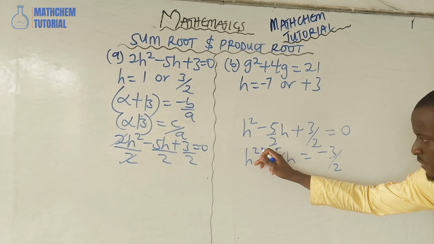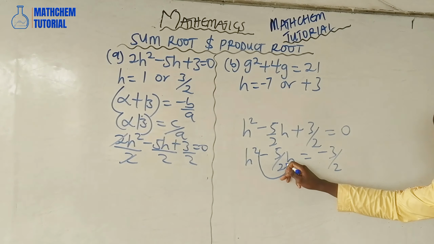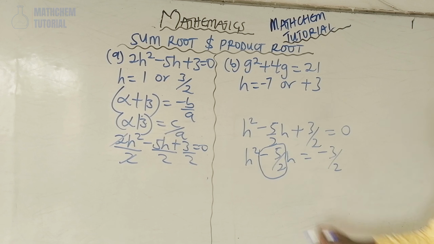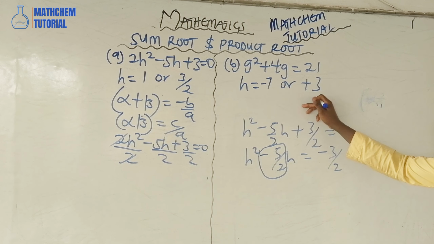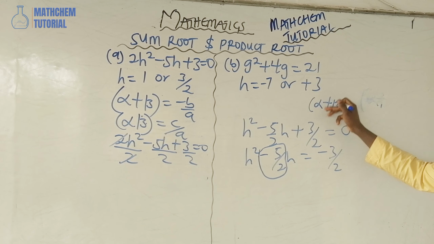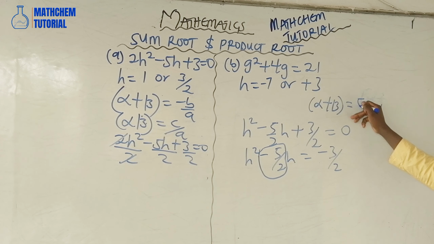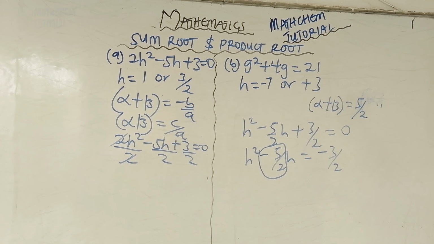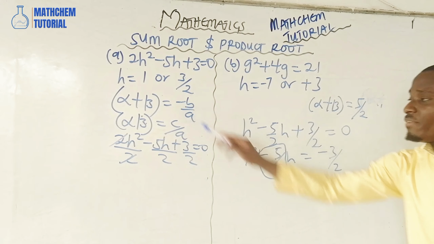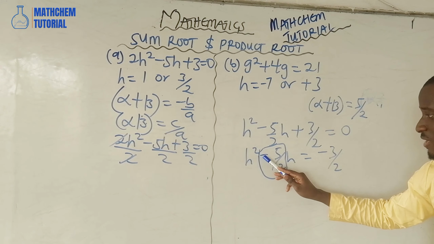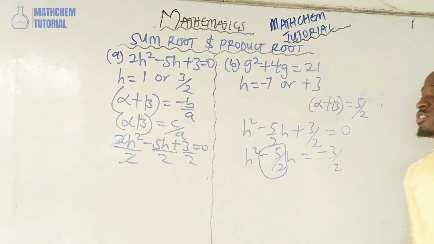Now, this value here, I mean the coefficient of h, which is minus 5 over 2, is the sum of the roots, which is alpha plus beta, which is 5 over 2. How do I get the 5 over 2? I got it by multiplying this minus times this particular minus we have here, which is going to give you plus.